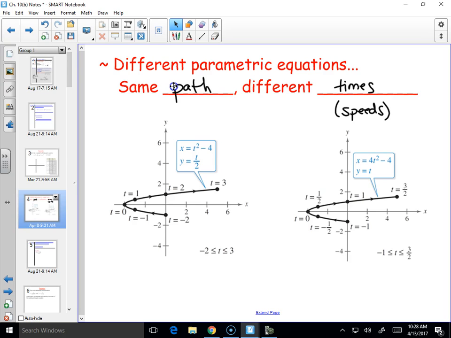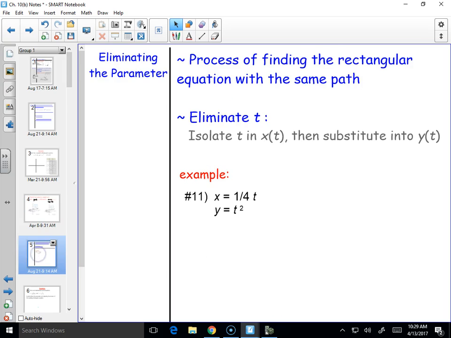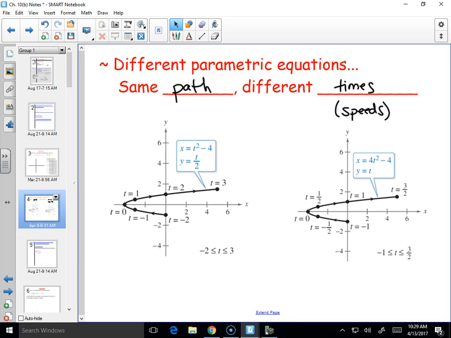And yet we'll see in something today called eliminating the parameter, we can actually see what they are as a path, not including the time. Even though the parametric equations look different, they are the same path. They're traveling the same path, at different times in different positions. So, let's come back here. How can we tell mathematically, without a graphing calculator and without making two huge tables, that these are on the same path, just going different speeds?